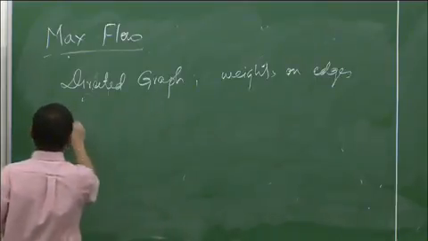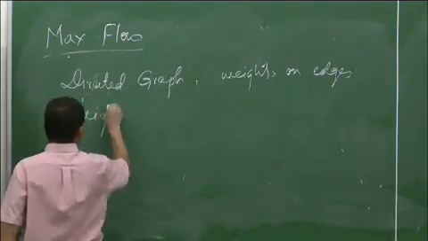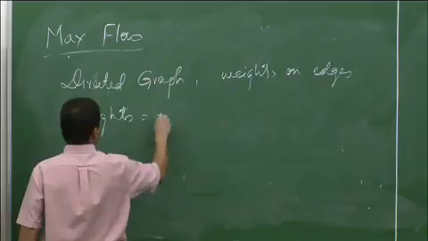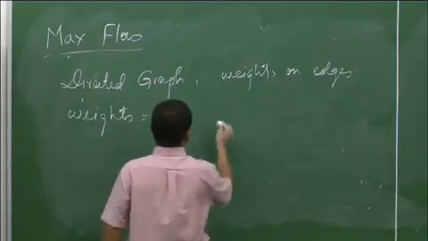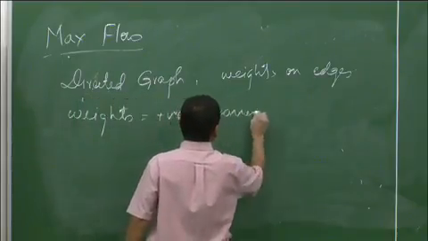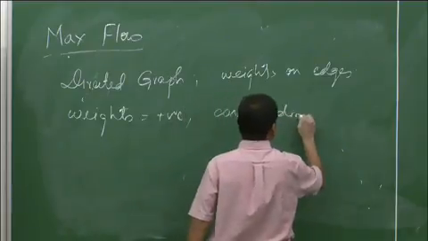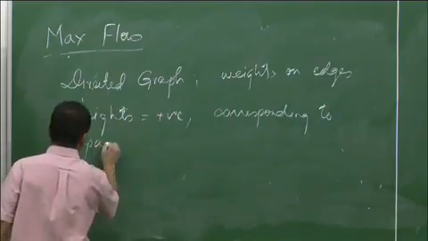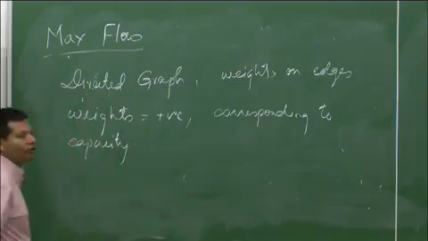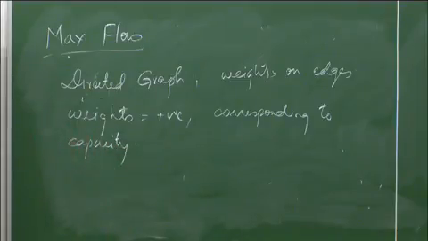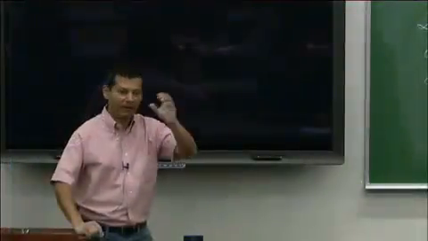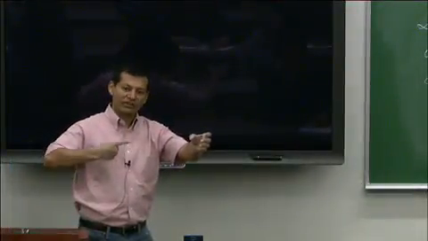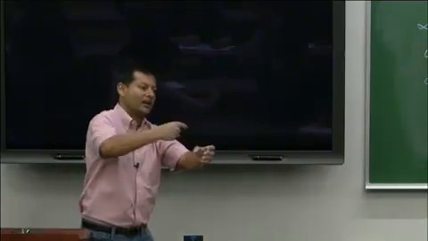This time the weights will be positive, and they are going to correspond to the capacity of that edge. So, think of these high weighted edges as being fat pipes that allow you to transfer liquid from this node to that node at much higher rates.